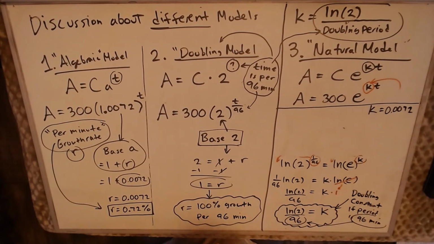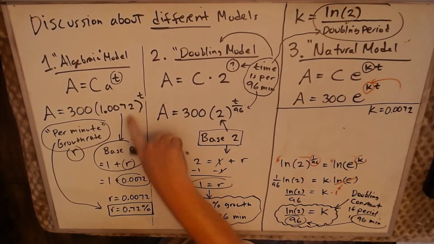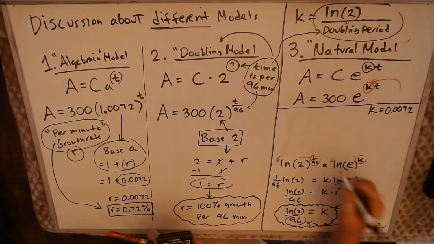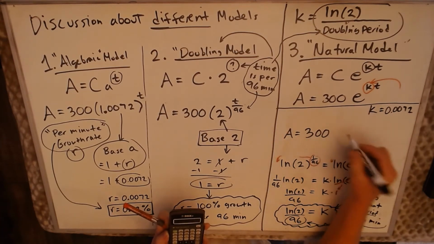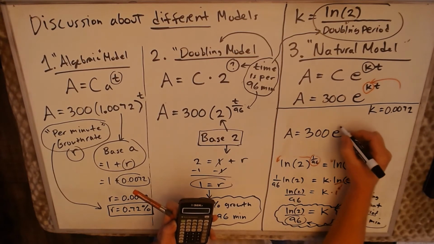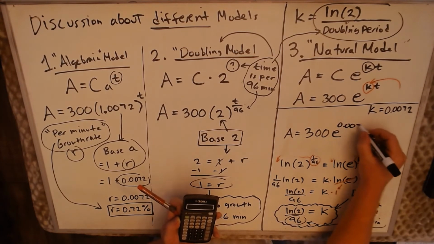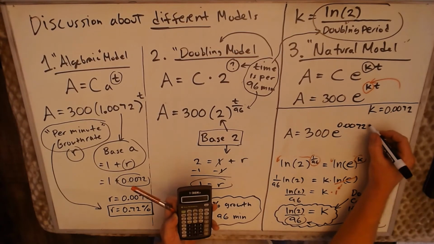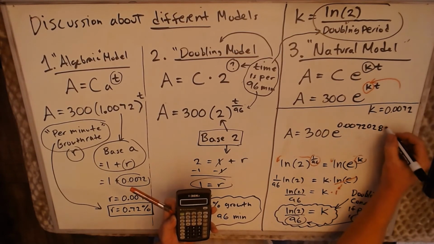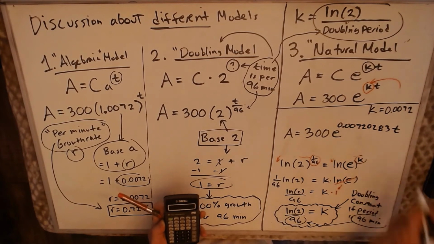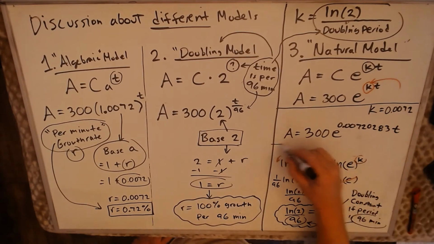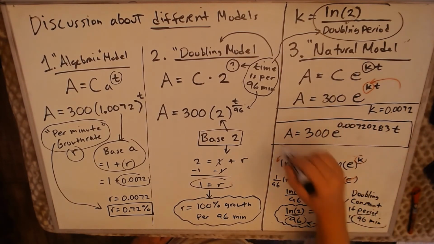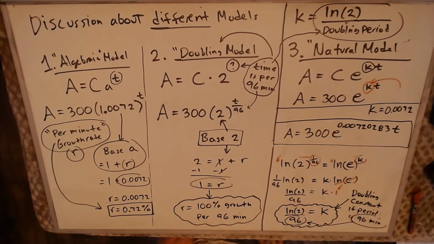Oh, interesting. It's almost so you have A is 300 e to the 0.00720283 t. So this is our natural model.